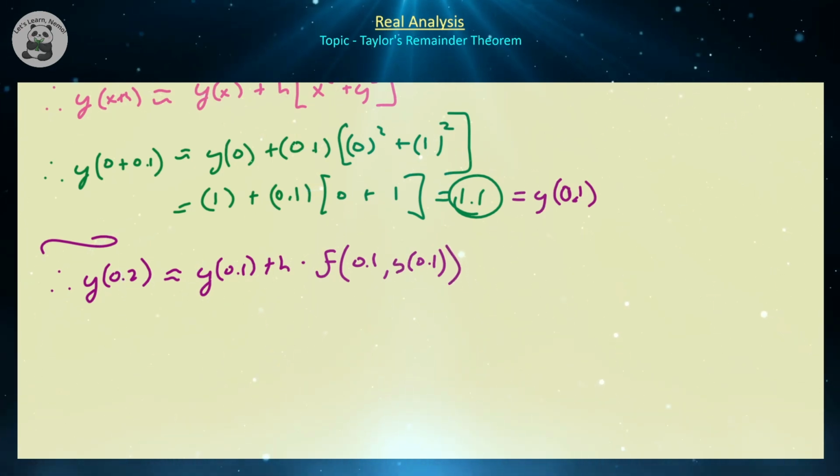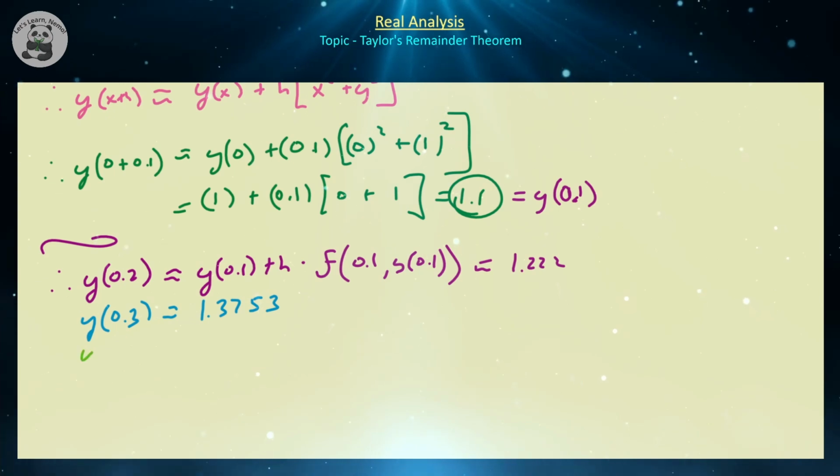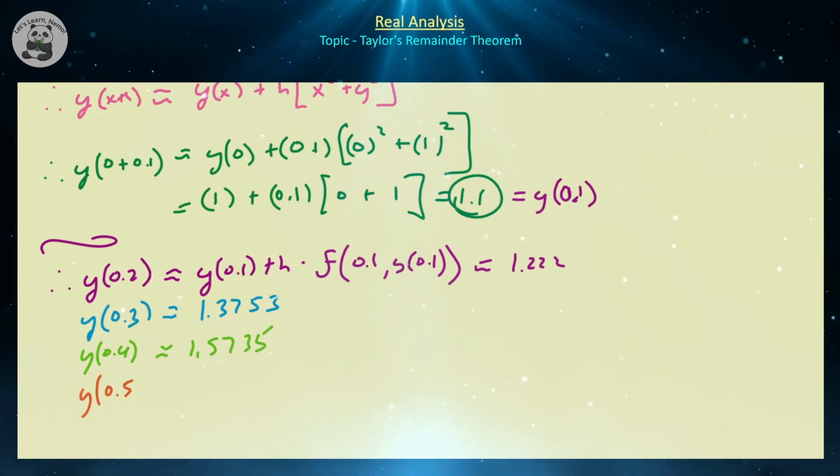Once you plug in those values, that's approximately equal to 1.222. And we can continue in this fashion. For example, y of 0.3 will be approximately equal to 1.3753. y of 0.4 approximately equal to 1.5735. And let's just do one more just for fun: y of 0.5 is approximately equal to 1.8371.